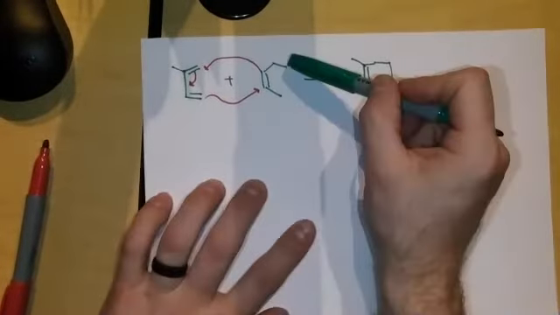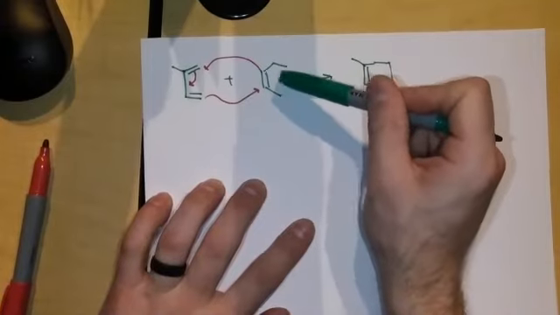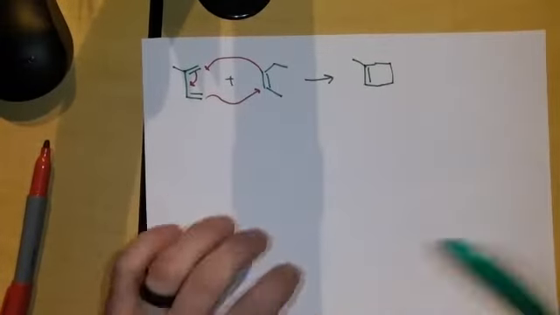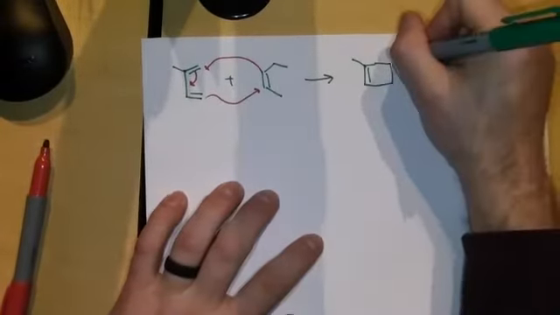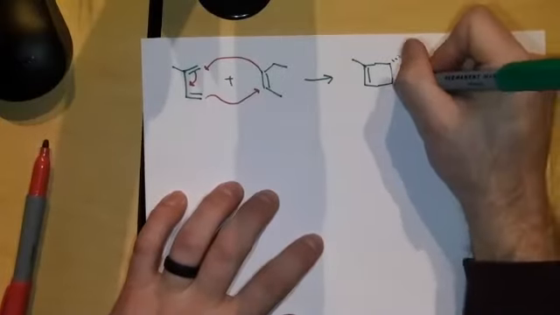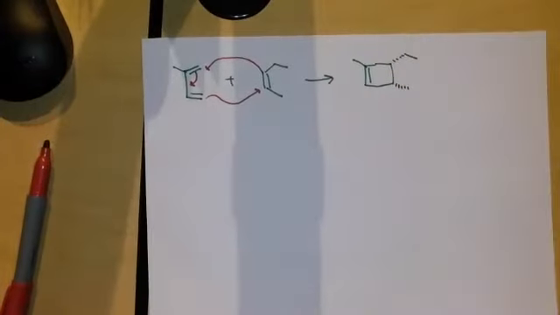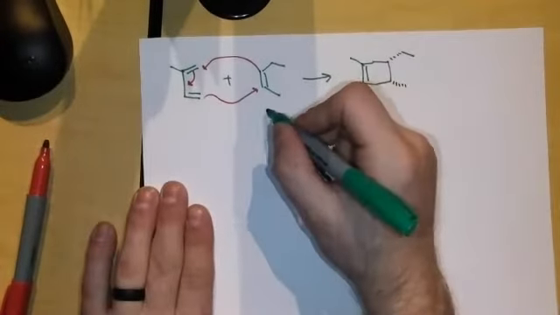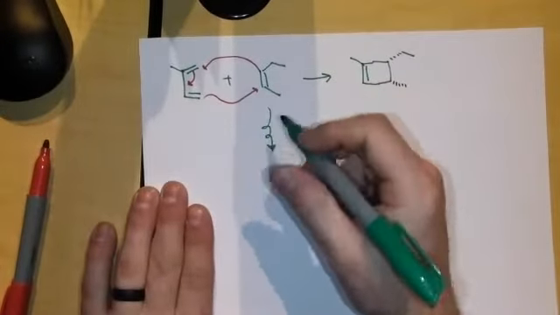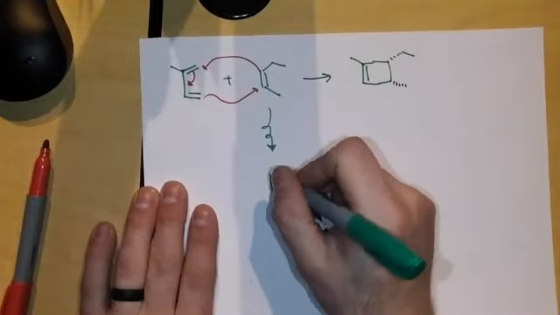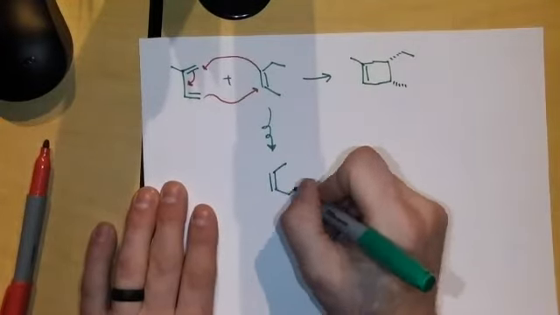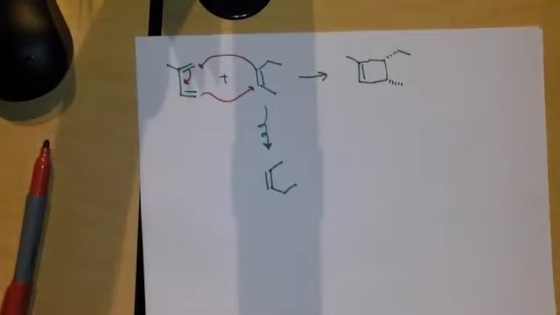In this case, we have an ethyl on top, methyl on the bottom. They are cis, which means they're going to end up syn to each other. And we can get this product. Our other option is to flip it over.